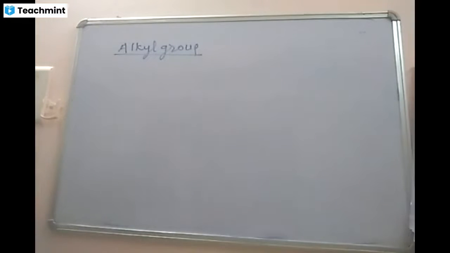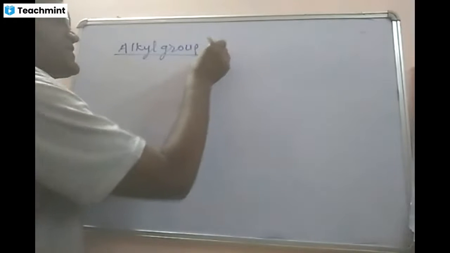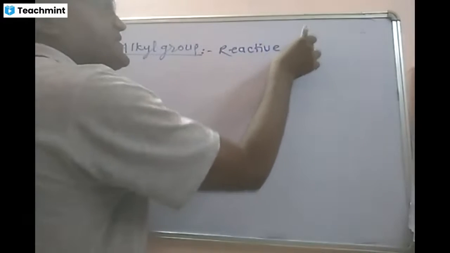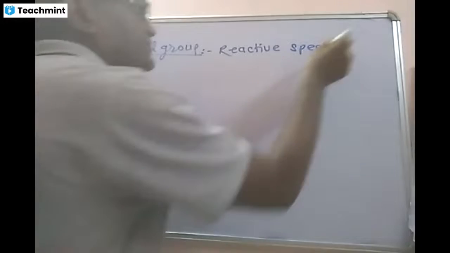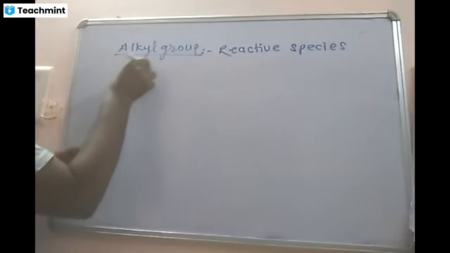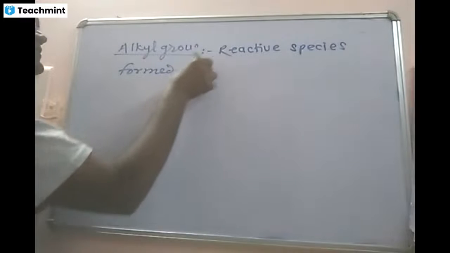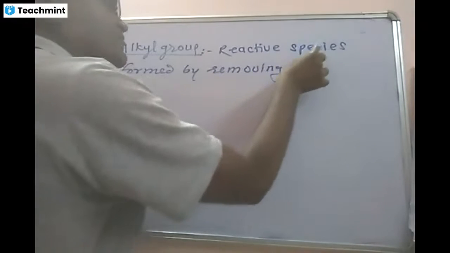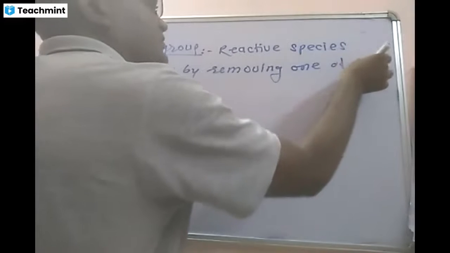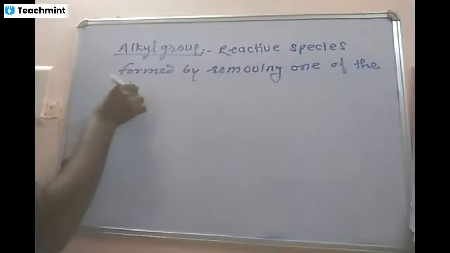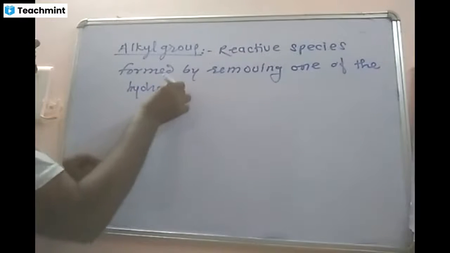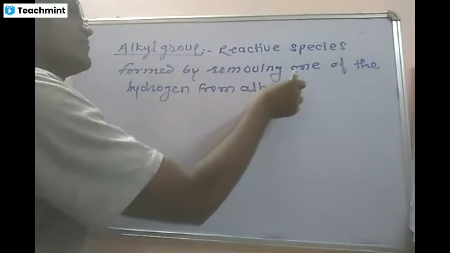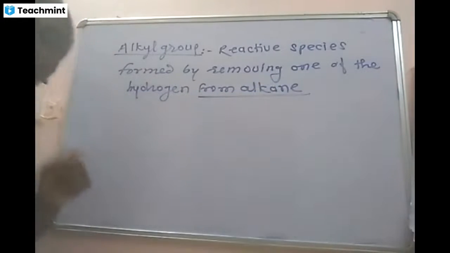Alkyl group. So this is a reactive species. ये कोई free existence में नहीं होता. This is an unstable one. Reactive species formed by removing one of the hydrogen from alkane.